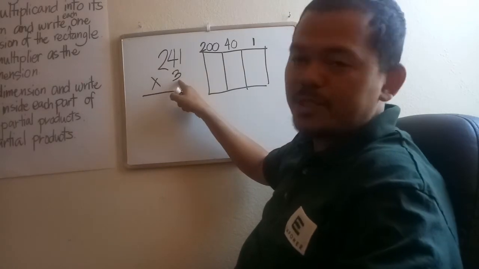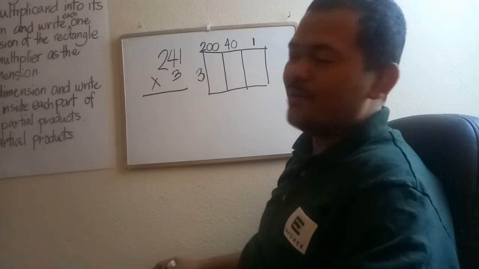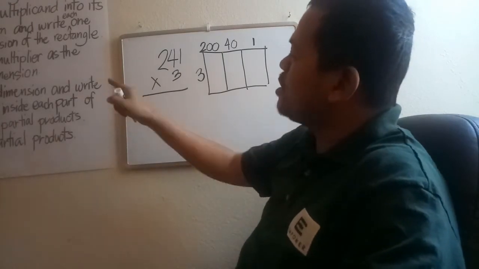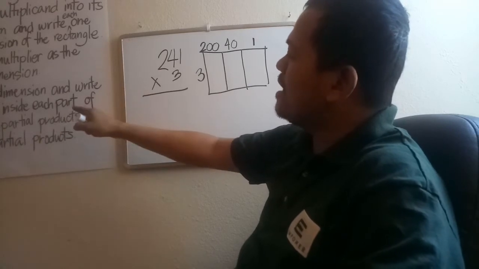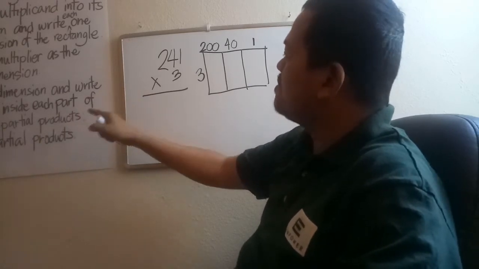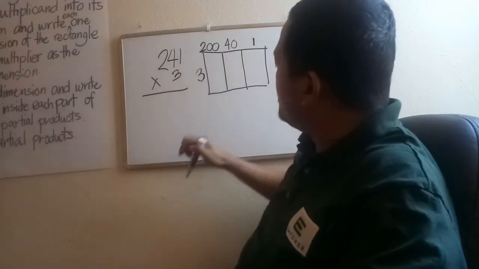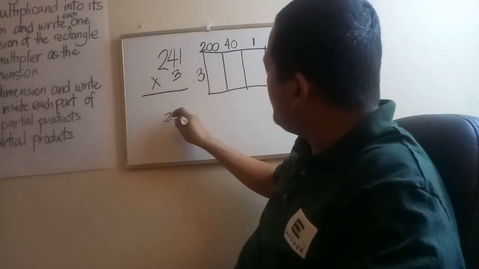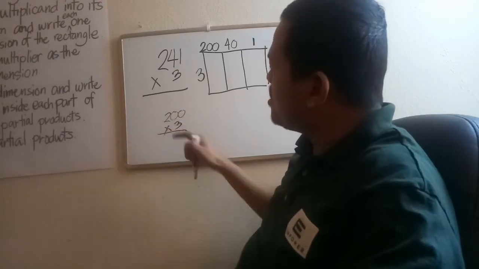Okay, here's our multiplier, 3. So we write here in our second dimension. Now, number 4, multiply the dimensions and write the products inside each part of the rectangle as partial products. So we start here with 3 times 200. When we solve 200 times 3, how many zeros can you see?